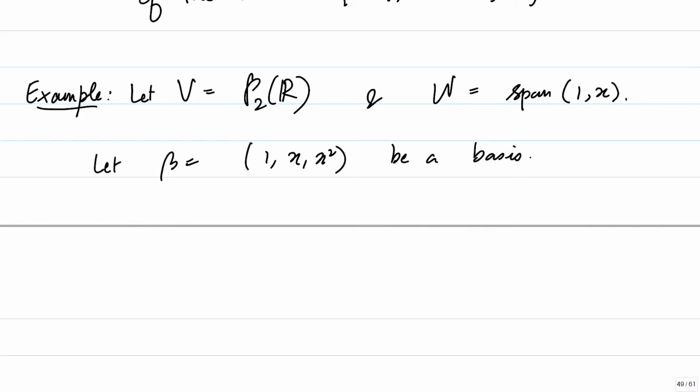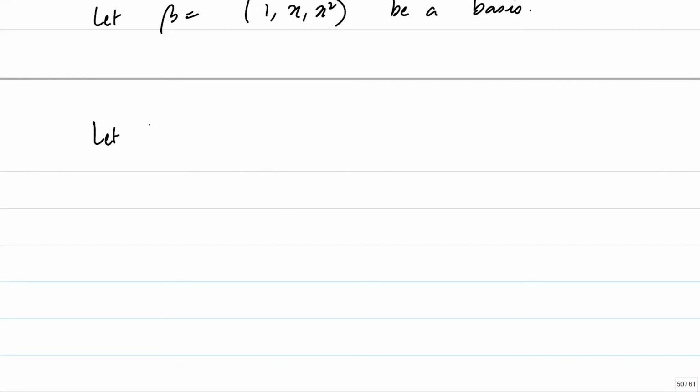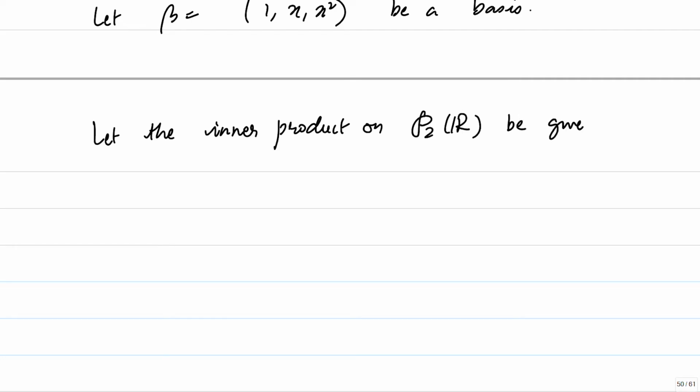Okay, so what is the inner product that we are working with? Let the inner product on P2 of R be given by the inner product of f comma g, two polynomials of degree less than or equal to 2, defined to be the integral from minus 1 to 1 of f times g bar.